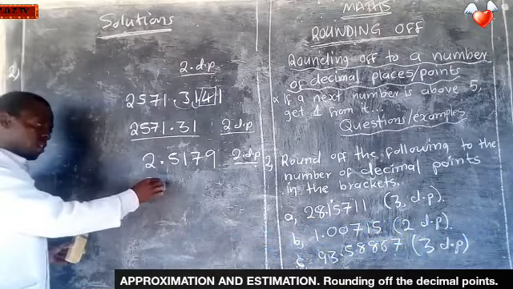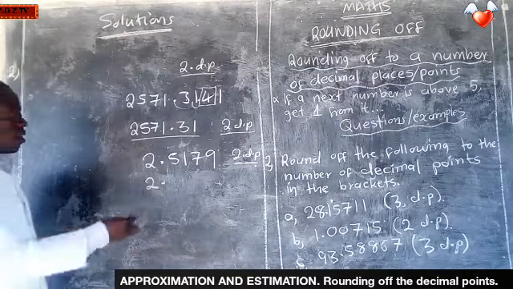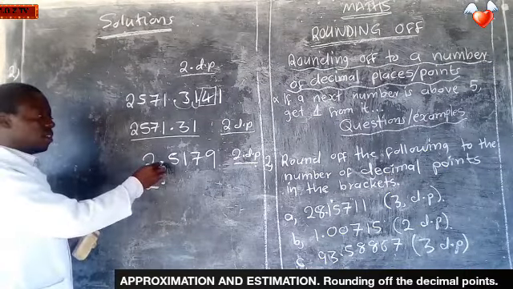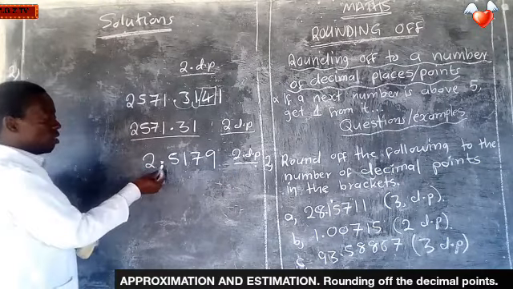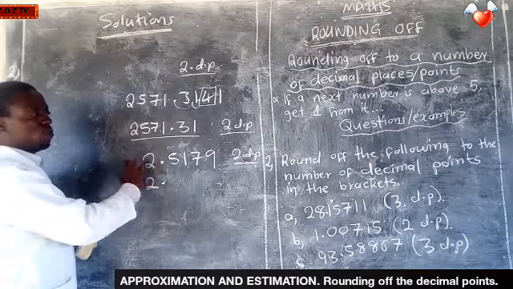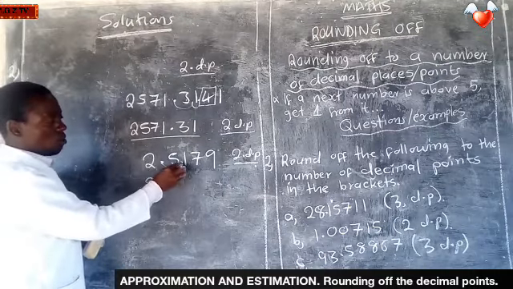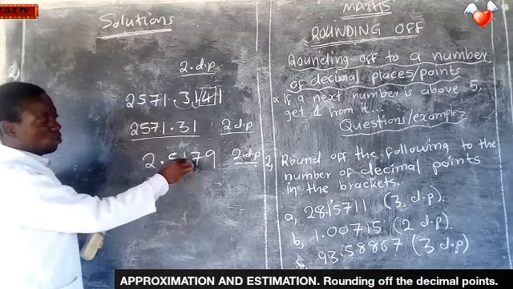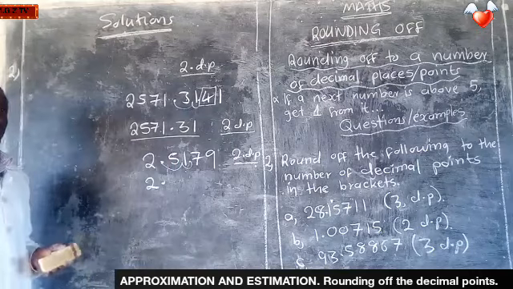Then write even the point. Now from there, you move from the point 2 decimal places. That is from here, you move to the right. So I'm going to say 1, 2. So this is my next station.